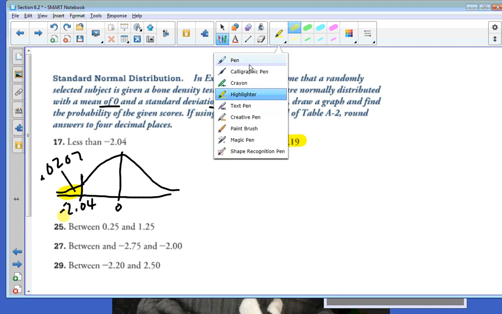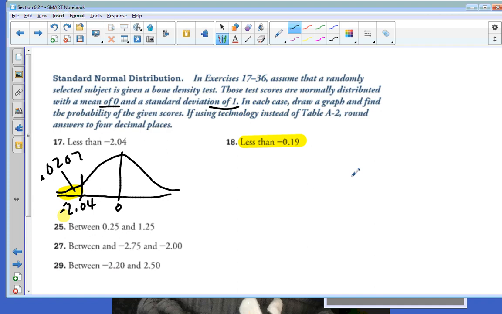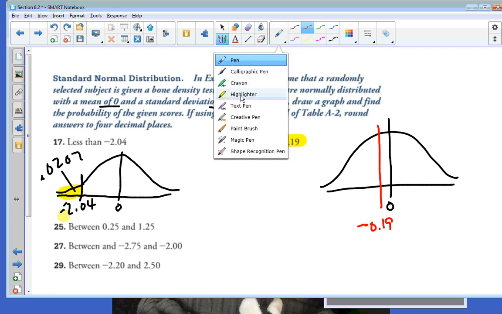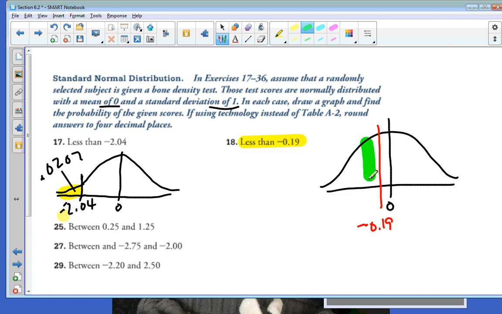I know this is where students get confused a lot of times. So if I draw my normal curve, again, a picture says 1,000 words, that's 0. Well, negative 0.19 is really close to 0, isn't it? So it's going to be really close here, still negative, and I want the area that's less than. So again, we can highlight that area.